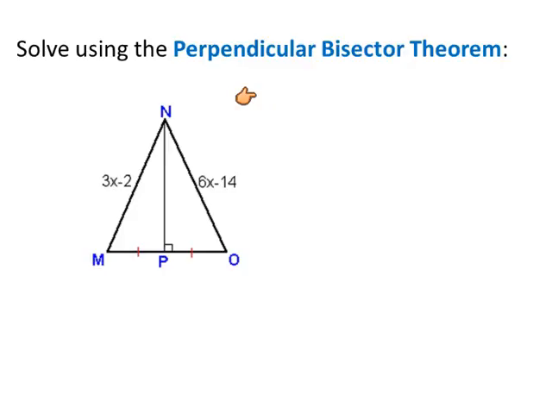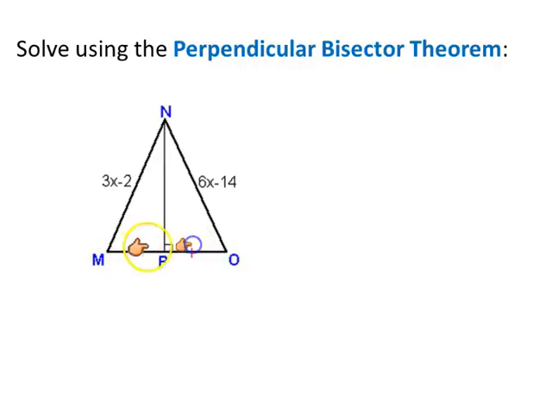Here we've got a diagram. What can you tell me about segment NP? Can you tell me what the name of it would be? Can you classify what that segment is? Look at that little square there. It tells us that NP is perpendicular to MO.